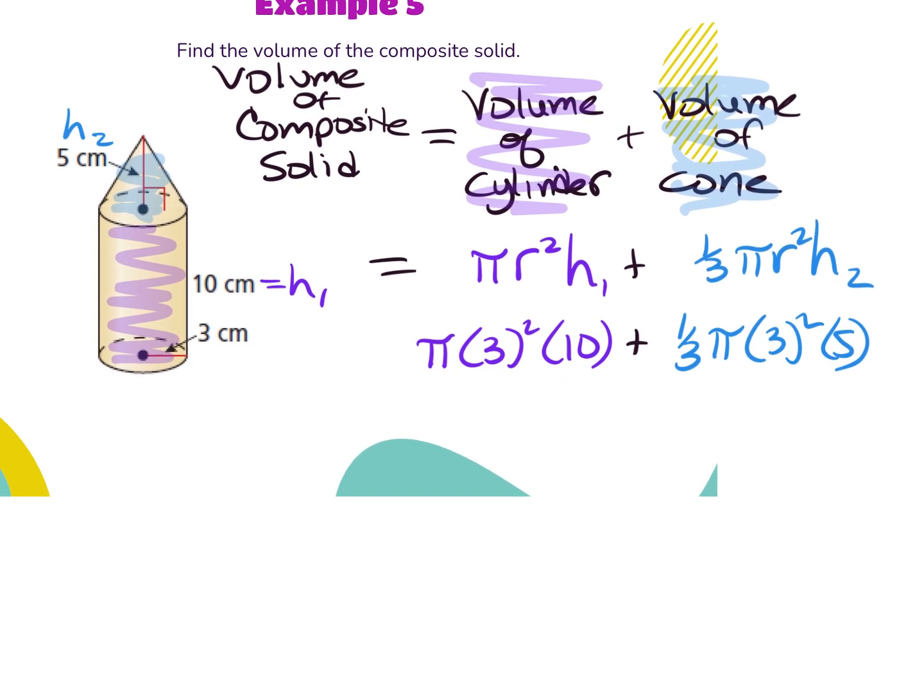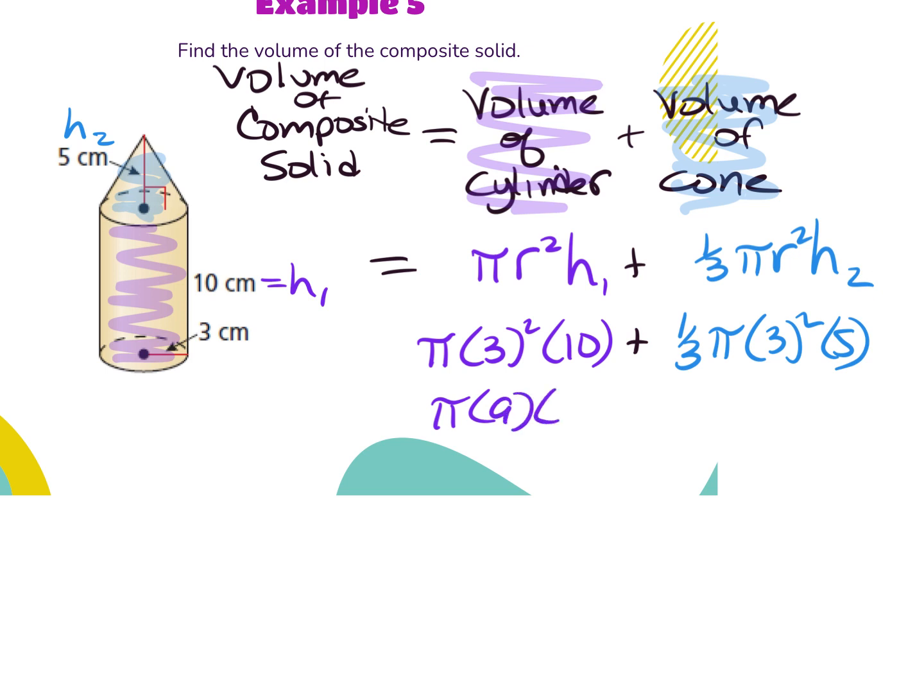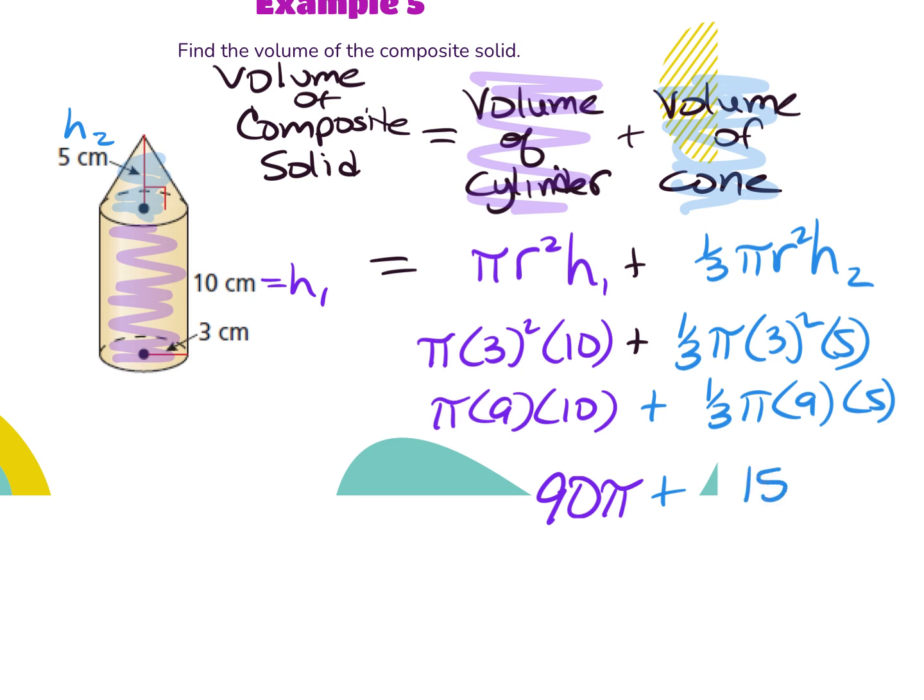So I'm going to first do it and leave it in terms of pi. So if I do pi times 9 times 10, this gives me 90 pi. Then for the blue, 1/3 times pi times 9 times 5. This will give me 1/3 and 9 is 3 times 5, 15 pi.